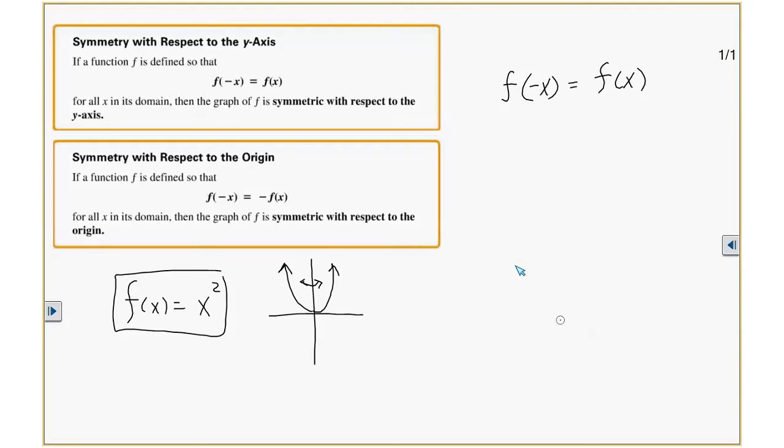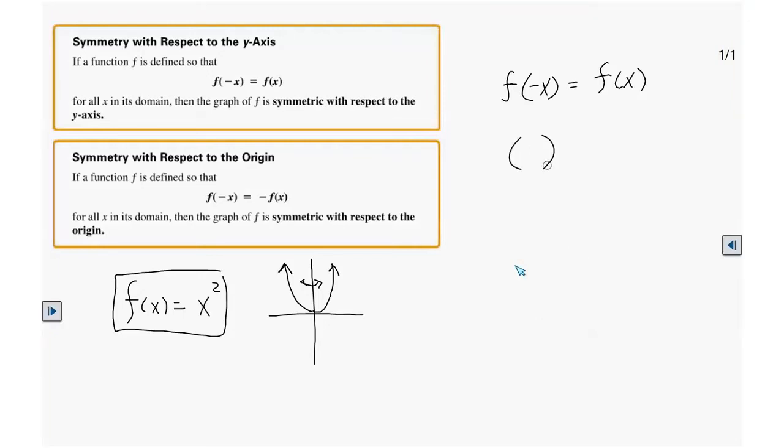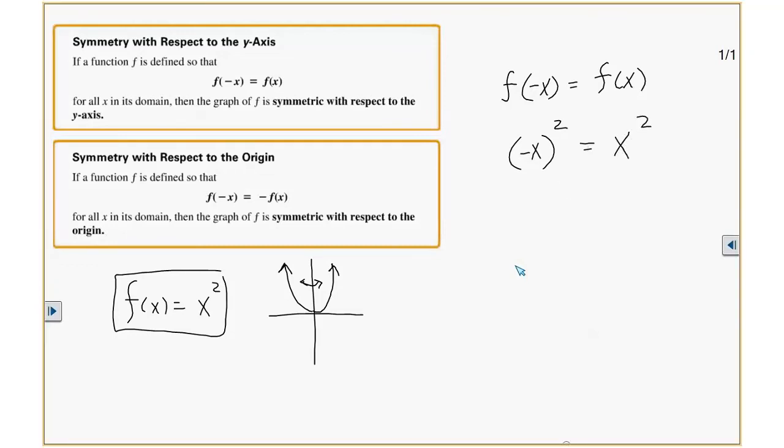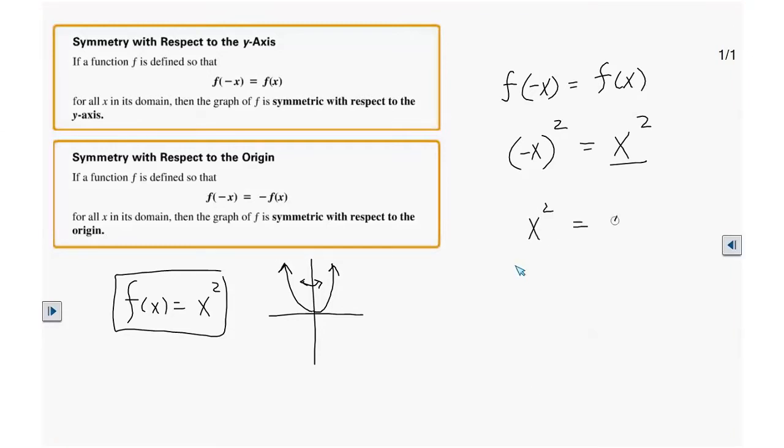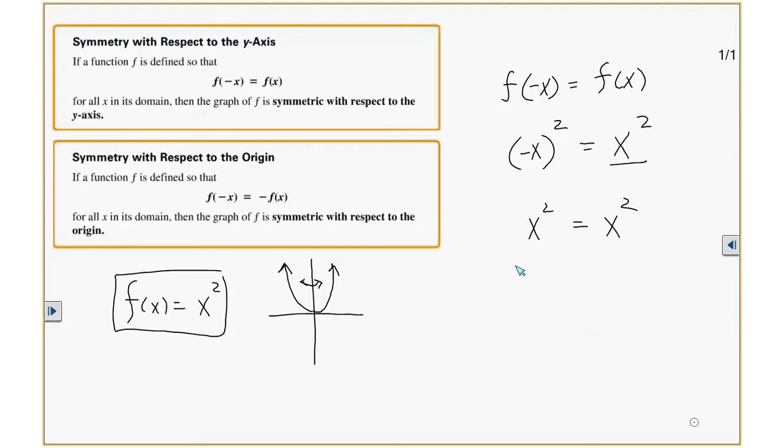That means that you're going to plug in a negative x, and if it equals the original function, f of x, then it's symmetric around the y-axis. So what is negative x quantity squared? x squared. And these two equal? Yes. So it is symmetric around the y-axis.